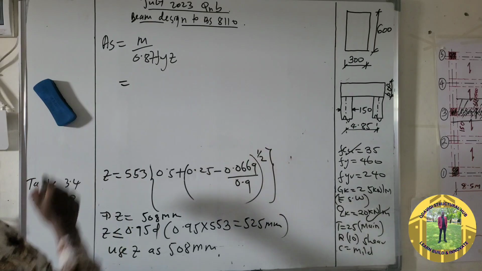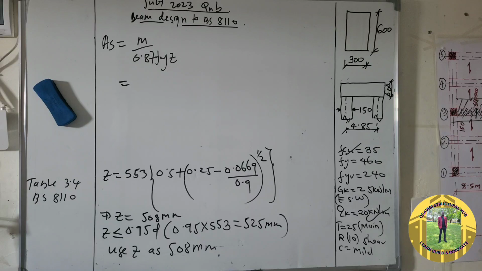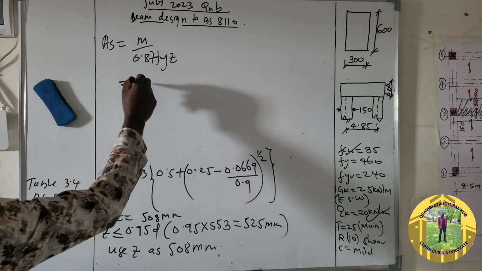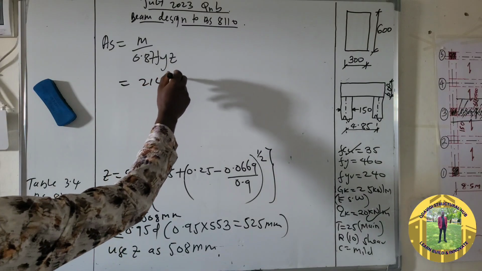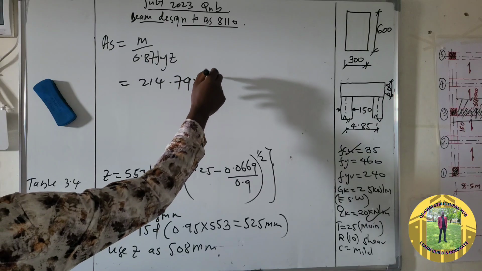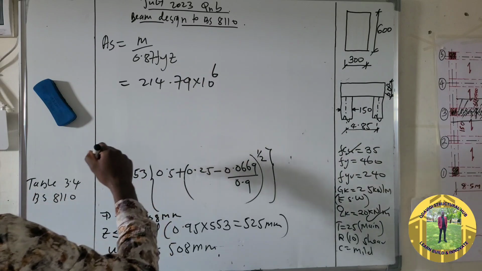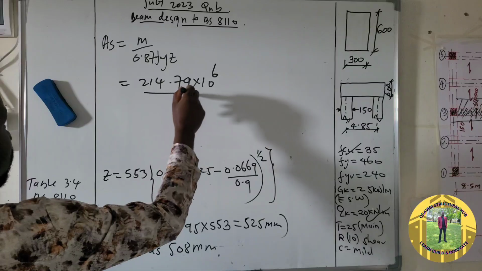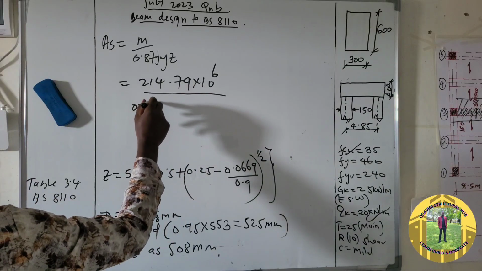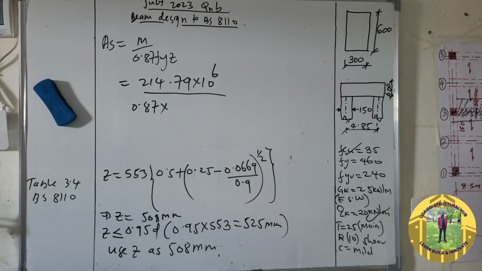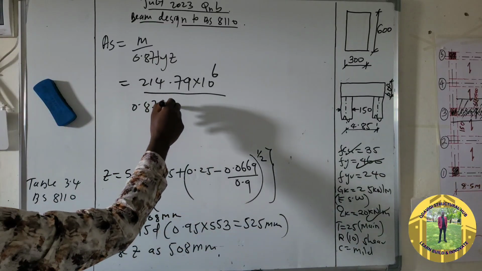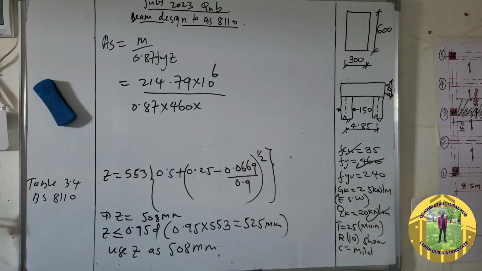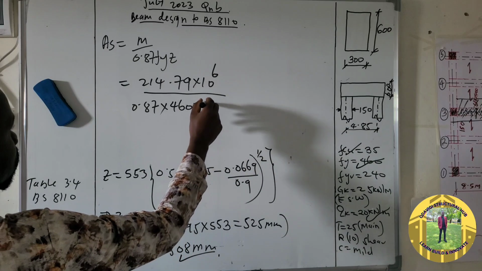So As is equal to the moment, which is 214.79 times 10 raised power 6, over 0.87 Fy. Fy is this one, 460, times Z, 508.